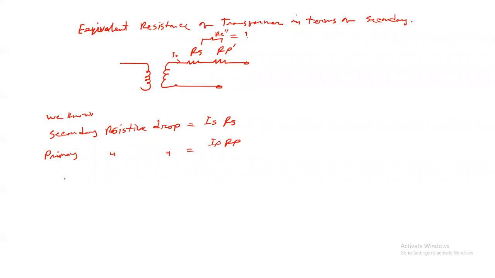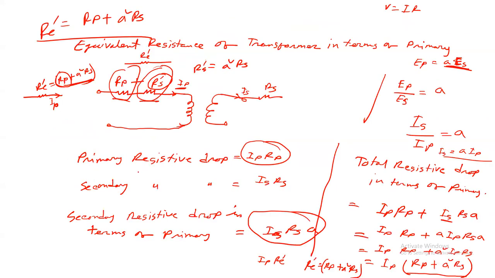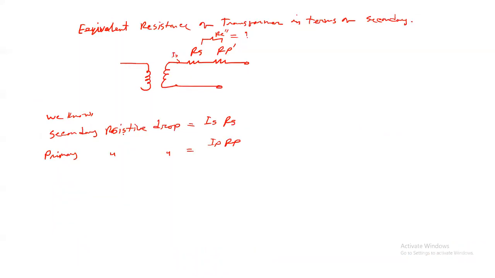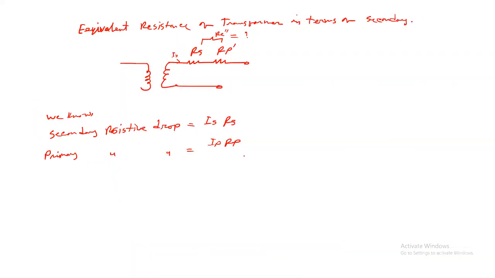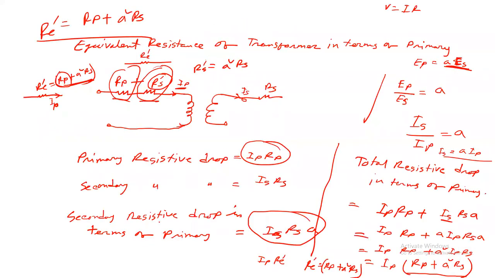Previously, at first we started with the primary resistive drop, then the secondary resistive drop, and the secondary resistive drop in terms of primary.